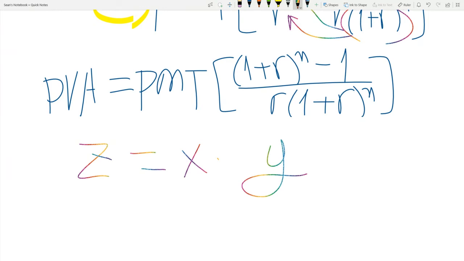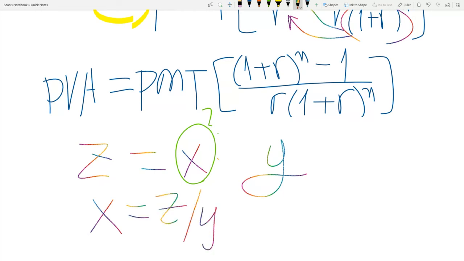If you can identify that structure, and x is the unknown, solving for x is easy. It's simply x equals z divided by y. It's like 12 equals 3 times 4. How do you find 4? 12 divided by 3, right?